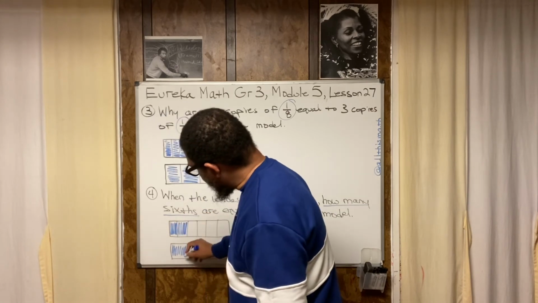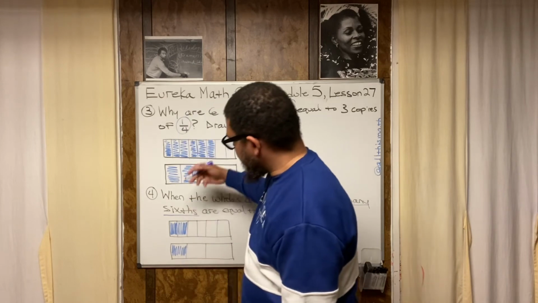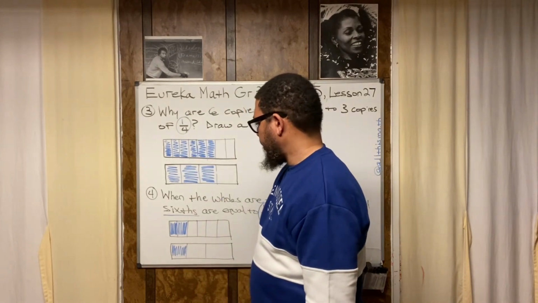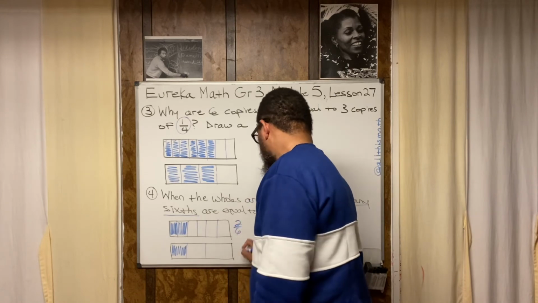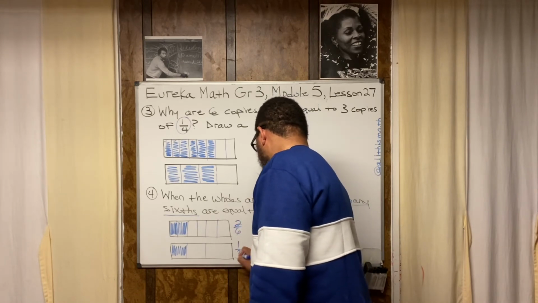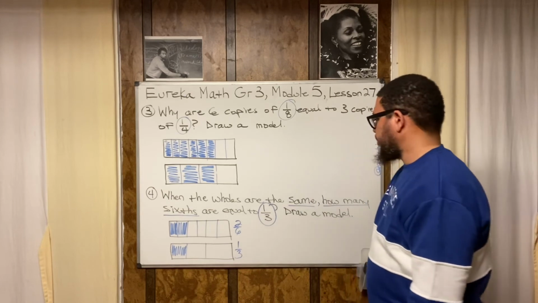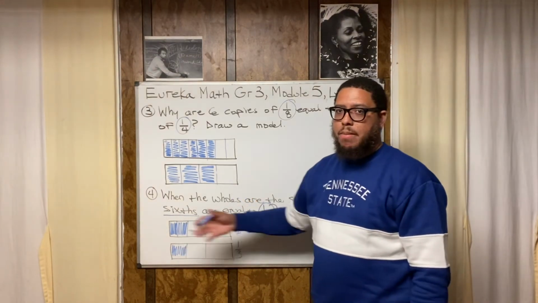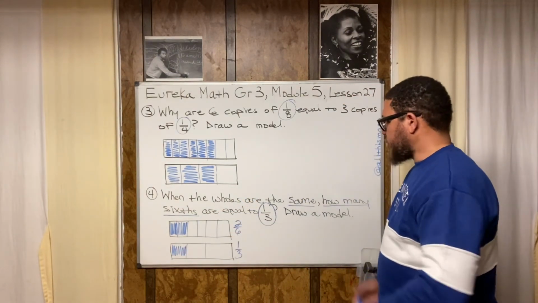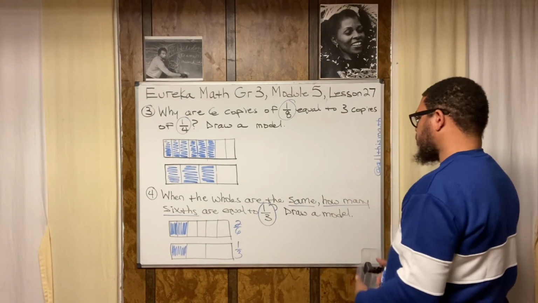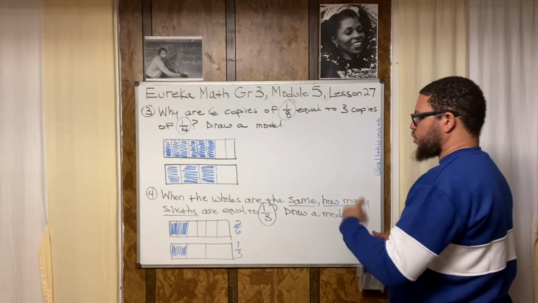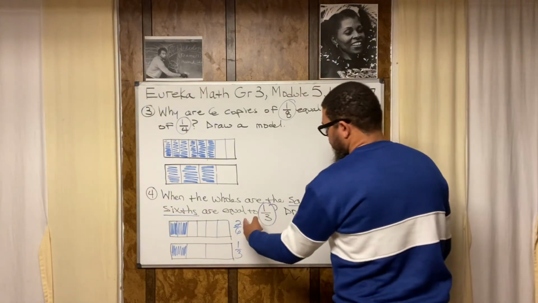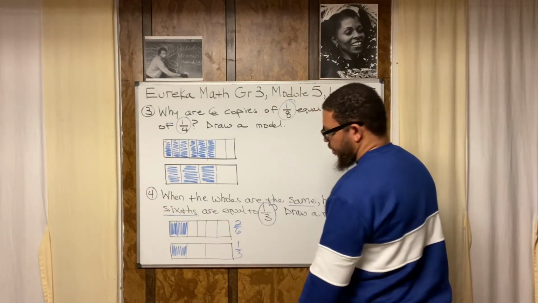Because look how it lines up. 2 of these is the same size as 1 of these. 2 sixths is equivalent to 1/3. And this is our model. This is what our model looks like, which proves that. So to answer the question, when the wholes are the same, how many sixths are equal to 1/3? The answer is, when the wholes are the same, 2 sixths are equal to 1/3.